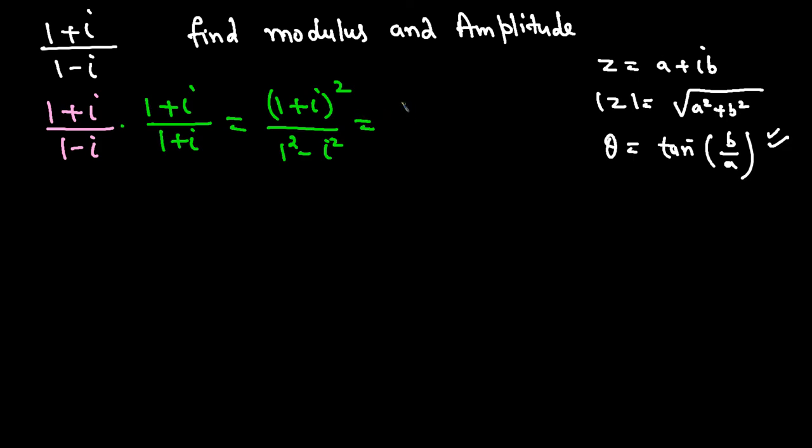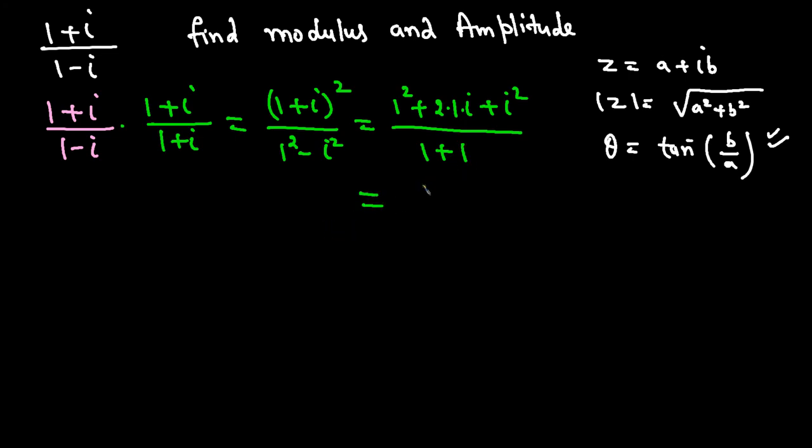And the top can be written as 1 square plus 2 times 1 times iota square, and in the denominator I got 1 square, and this gives me negative 1, so negative into negative is positive 1 here.